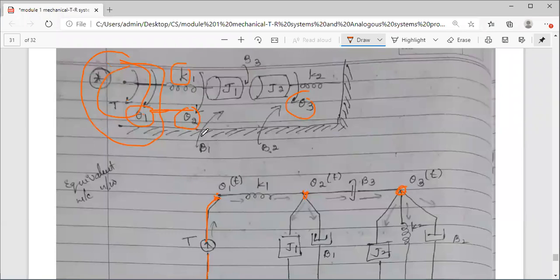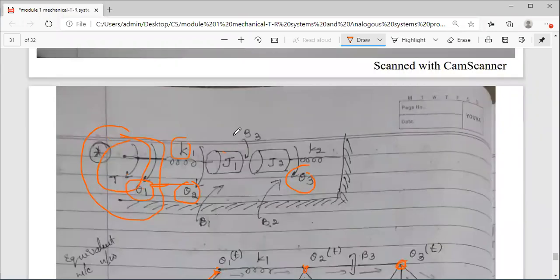Coming to theta 2, how many elements are there? You have J1, you have K1, and there is one more friction here, B1. So 3 elements, K1, B1, and J1. We can't consider this because it's again a shared element. Sorry, even though it is a shared element, you have to consider this, but let me draw it in between.